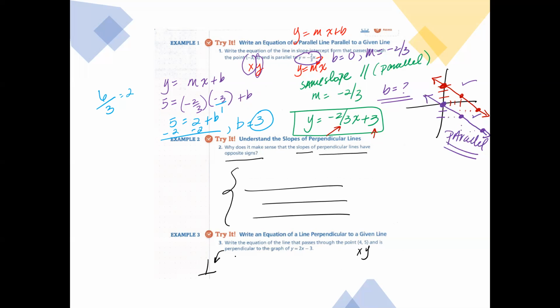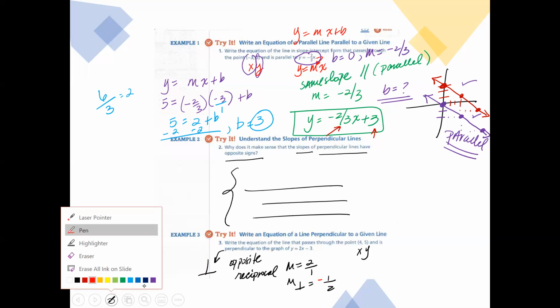Perpendicular means that to find the slope, you have to find the opposite reciprocal. So if my slope here is 2, my perpendicular slope means I have to flip that, so it's 1 over 2, and you have to put an opposite sign, which is -1 over 2.